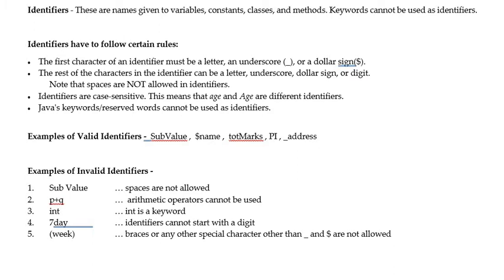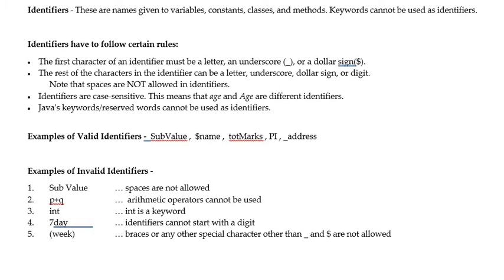The first character of an identifier must be a letter, an underscore, or a dollar sign. The rest of the characters can be letters, underscore, dollar sign, or digits. Note that spaces are not allowed in identifiers.